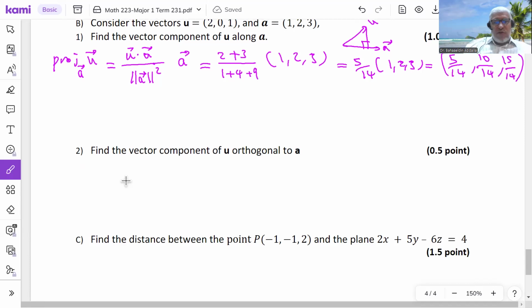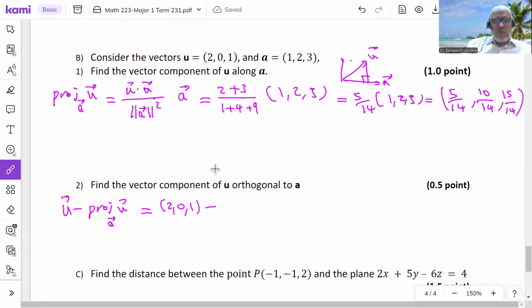Now find the vector component of U orthogonal to A. The one orthogonal to A is here, okay? Orthogonal to A. That one by definition is U minus projection of U along A. So U is 2, 0, 1.